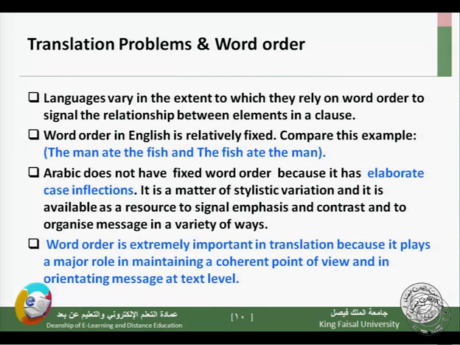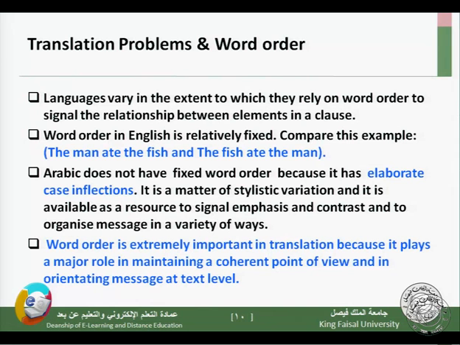Now Arabic doesn't have fixed word order. Why? Because it has elaborate case inflections. It is a matter of stylistic variation. It is available as a resource to signal emphasis and contrast and to organize the message in a variety of ways.